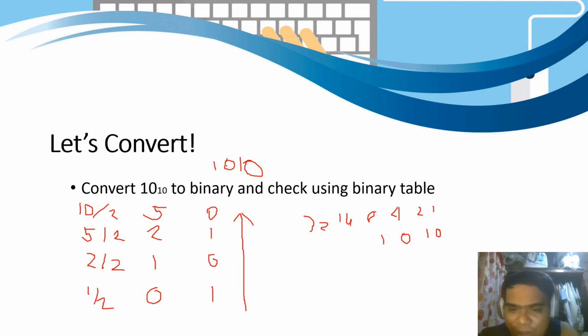So, sinong naka-on? Si 8 plus, sino? Si 2. So, 8 plus 2 is 10. So, as a check, tama tayo sa ating computation. Okay? So, that's how we do this conversion.